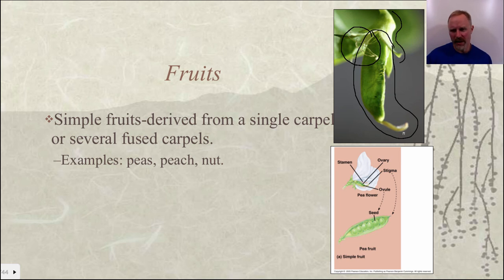And this was that sticky stigma right up here. So the pollen landed on this, the pollen tubes grew down and fertilized all of these seeds that were in there, and that's what's going to develop into these peas.